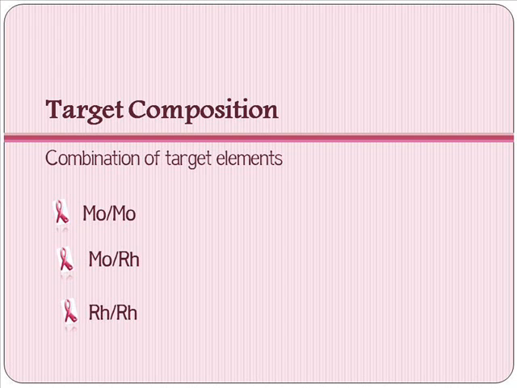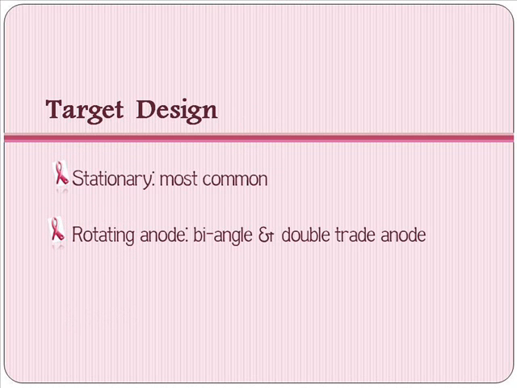Next, the target design. Usually, a stationary anode is most common in mammography machines, but a rotating anode or a bi-angle and double-thread anode may also be used in certain mammography machines. In mammography, we need to use a small focal spot size because we want to detect microcalcification, and as we all know, a small focal spot size will produce a sharper image.